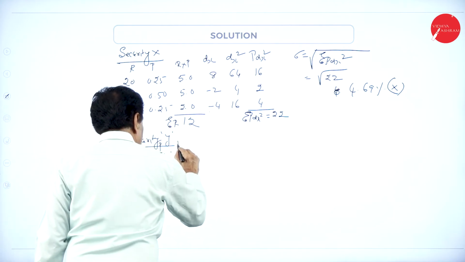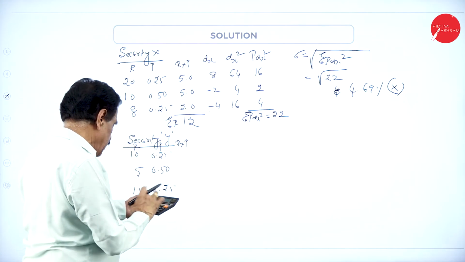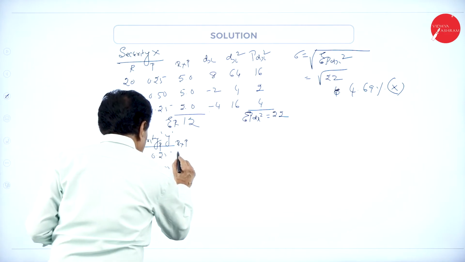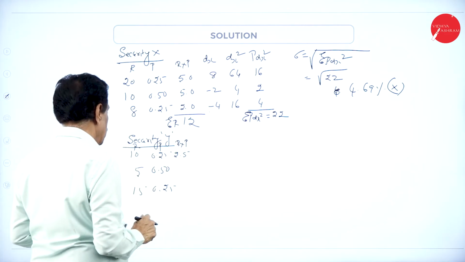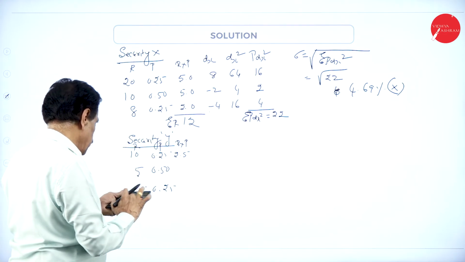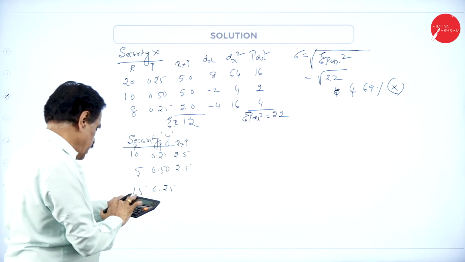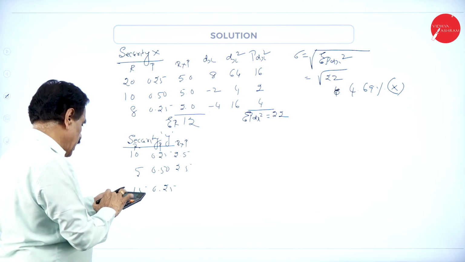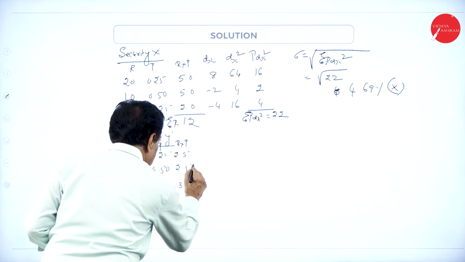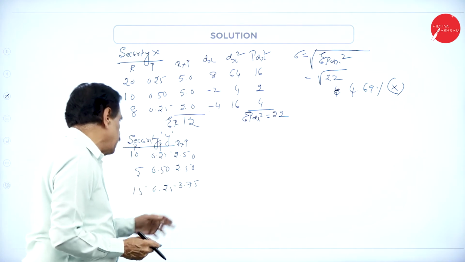Then RP: 10 into 0.25 is 2.5, 5 into 0.50 is 2.5, 15 into 0.25 is 3.75.